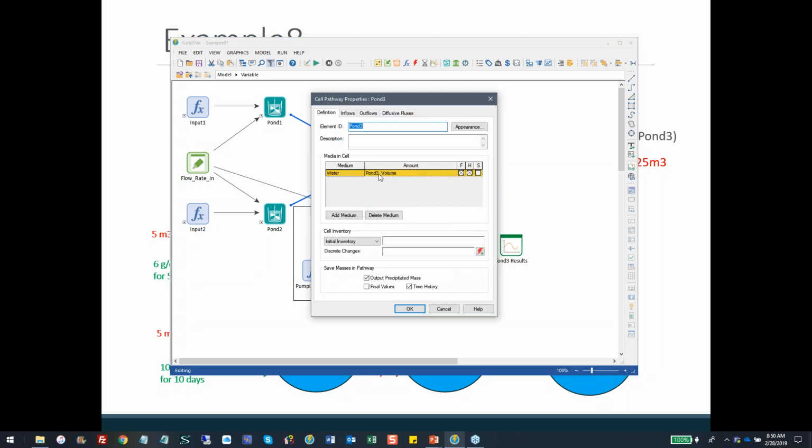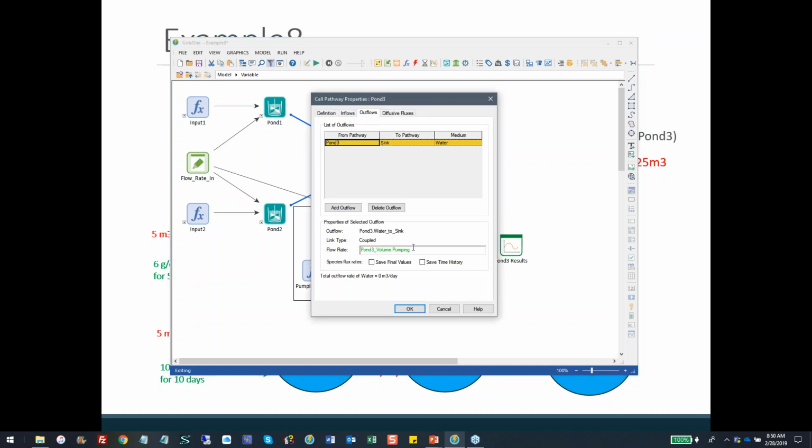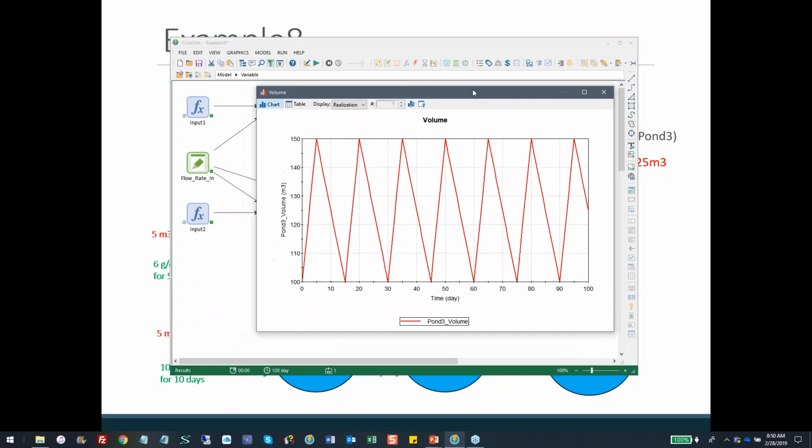He's got the pond volume itself, and he's got the pumping rate, which is either 0 or 15. And so I've linked my contaminant transport model to a flow model in a very, very simple way, right? And there's nothing really, you know, my volume is doing this, right?